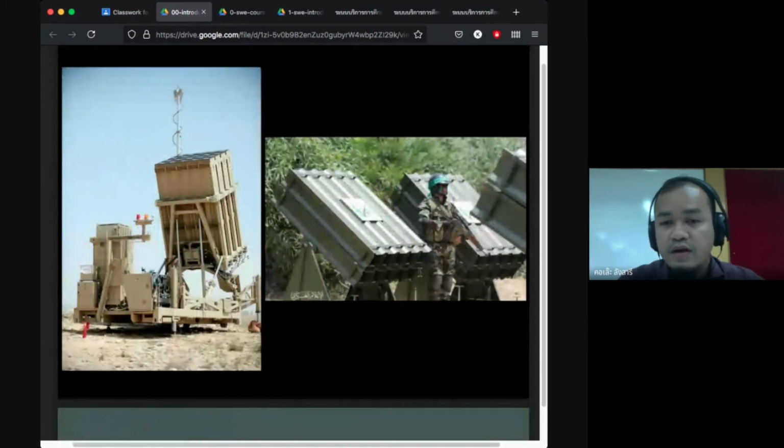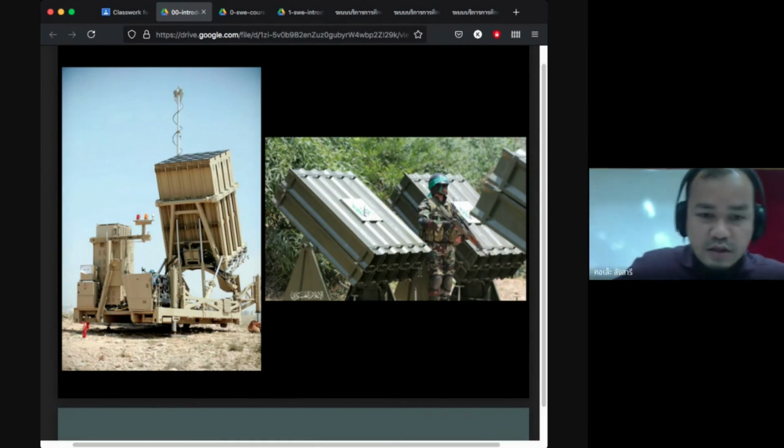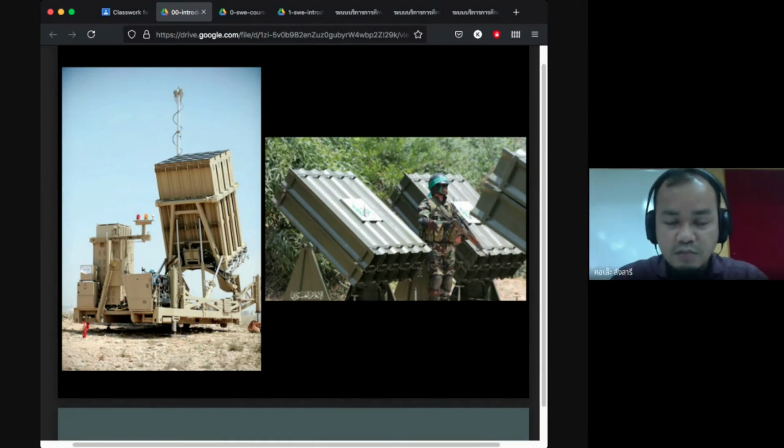If we compare the new generation of Gaza rockets with the Iron Dome of Israel, you can see. Until now, I have always been monitoring something like this. I hope you too. Monitor not just the events, not just the things that happened, but go deeper and research how they made the rocket, how Hamas made the rocket, how Israel built the Iron Dome.